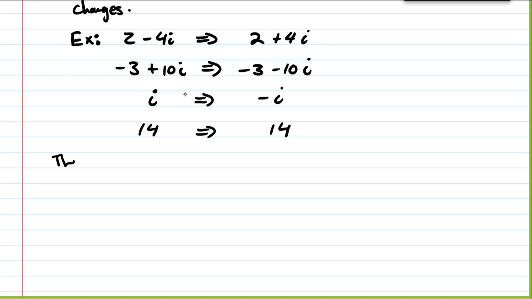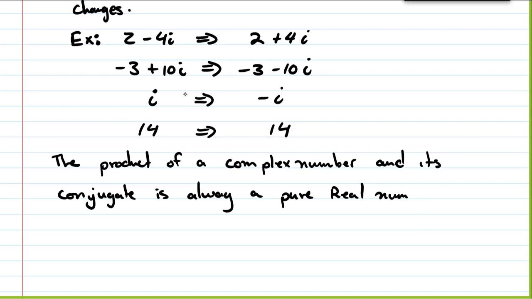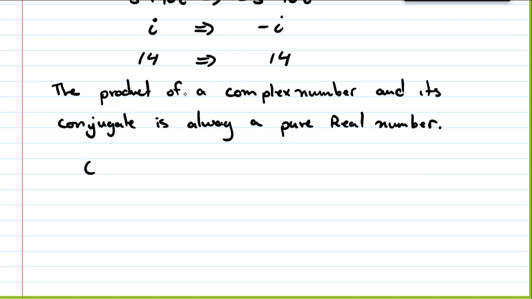So the product of a complex number and its conjugate is always a pure real number. So if we check that, we can actually prove this.